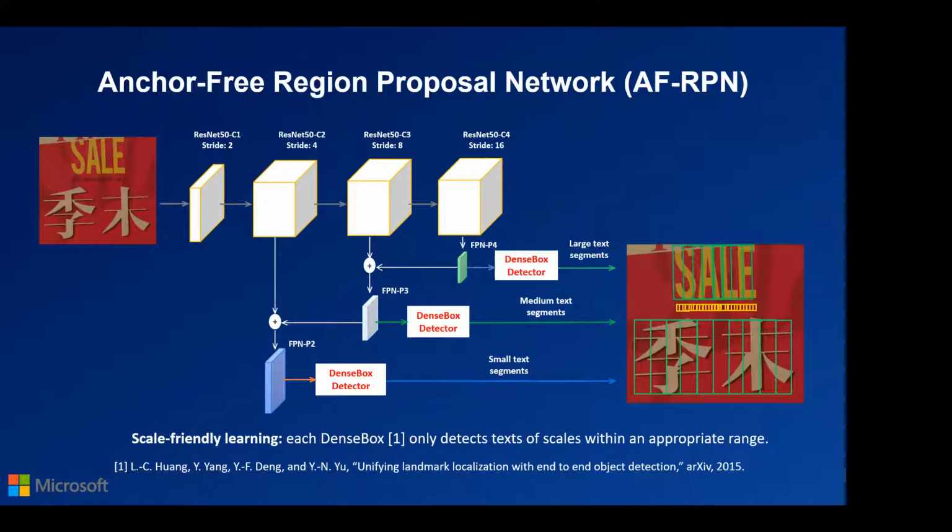At the different resolutions, we run basically a dense box detector to extract text segments. And here, by text segments, we really mean these small green bounding boxes. Each one is a small portion of the text. The basic algorithm is a per feature point, or per pixel, classification of whether it belongs to text or not.